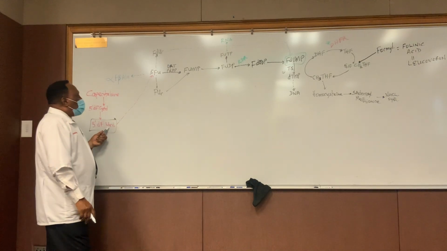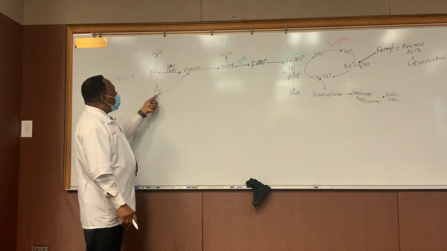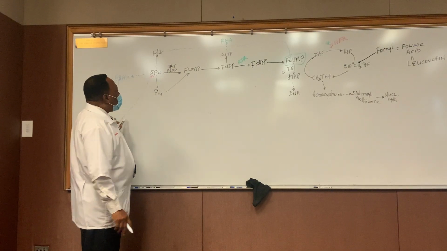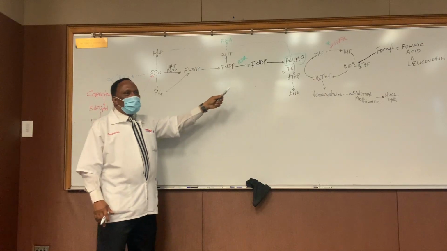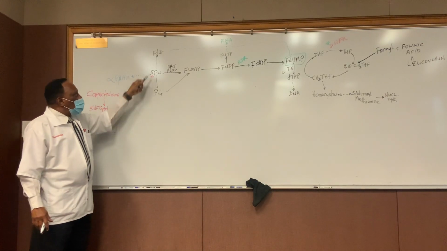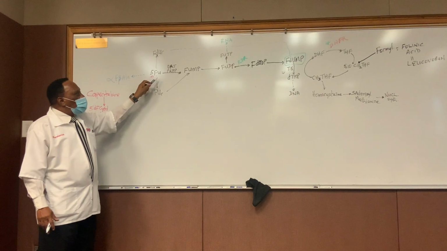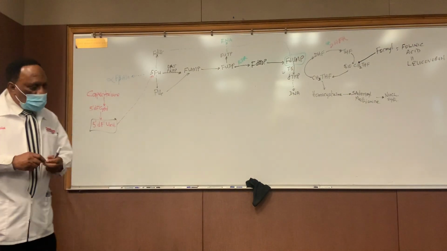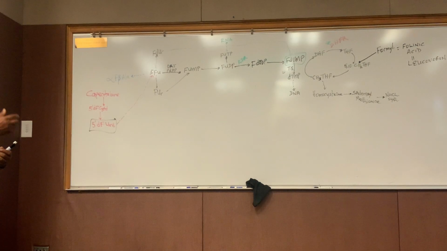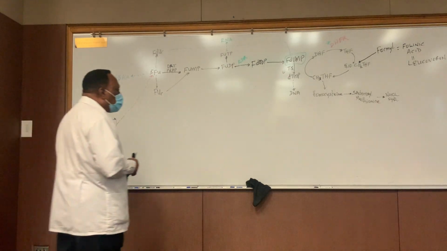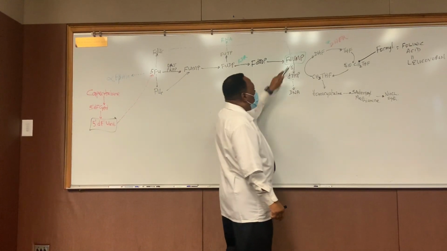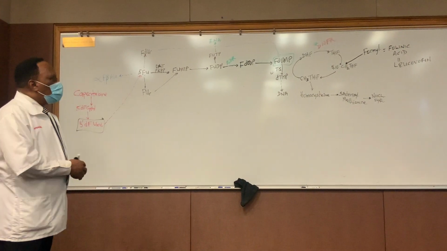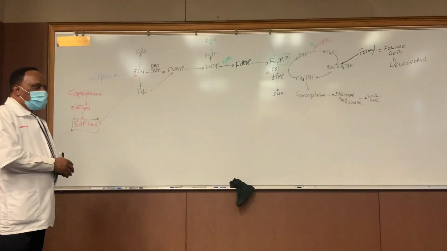So 5'-deoxy-5-fluorouridine, fluorouridine, and fluorodeoxyuridine, all those will work along this pathway. In other words, they would eventually get converted to 5-FU, which can then go down that pathway to give you your fluorodeoxyuridine monophosphate, that is FdUMP, which can then inhibit thymidylate synthase and thereby inhibit DNA synthesis.